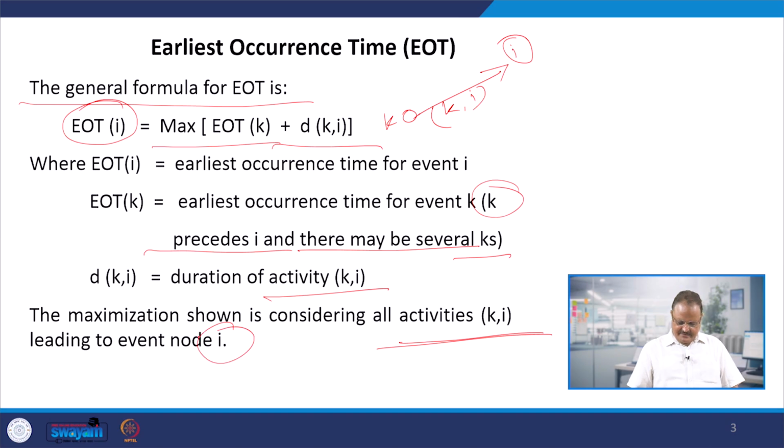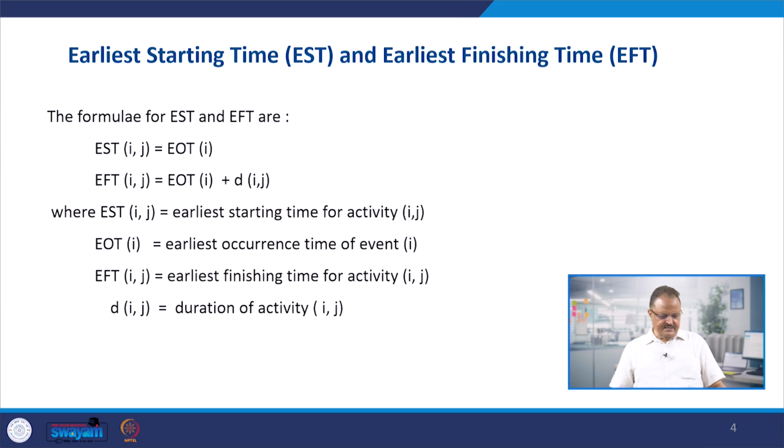There may be different activities, so the maximum time is taken into consideration. Maximization shown is considering all activities KI leading to the event node I, because we want to calculate the earliest occurrence time of the event I. Similarly, earliest starting time and the earliest finishing time.